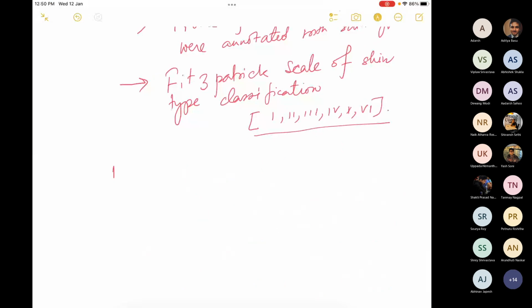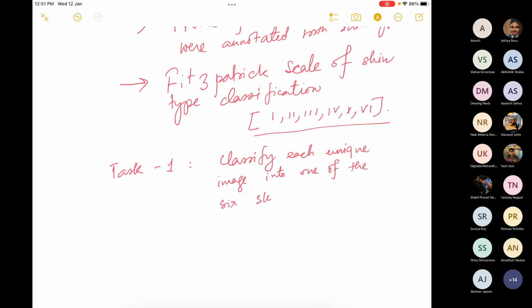So task one was to classify each unique image into one of the six skin types. And what is task 2?